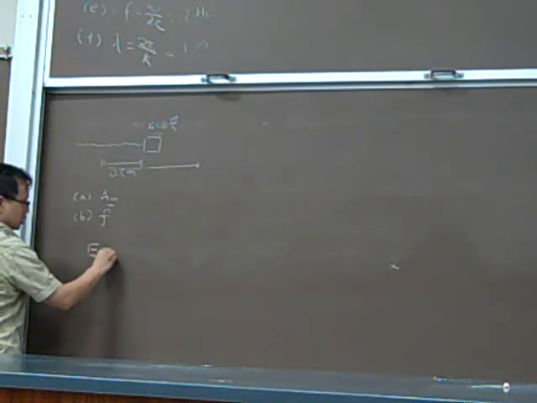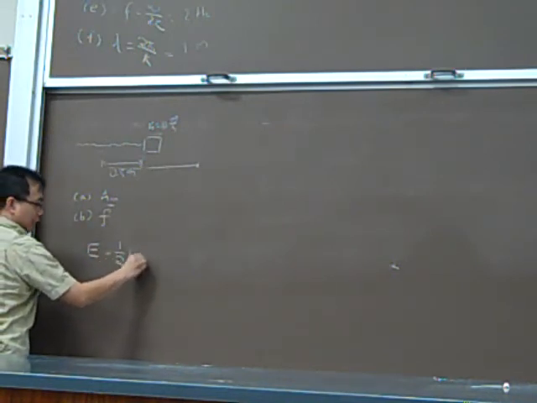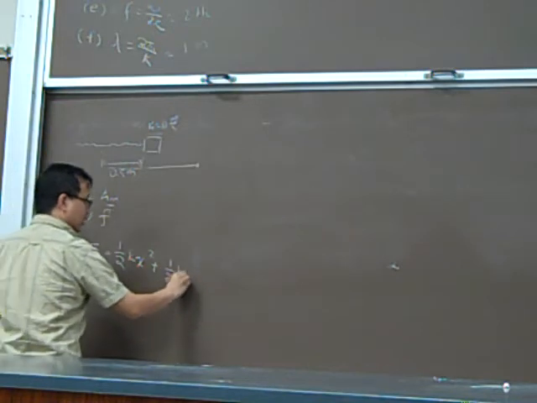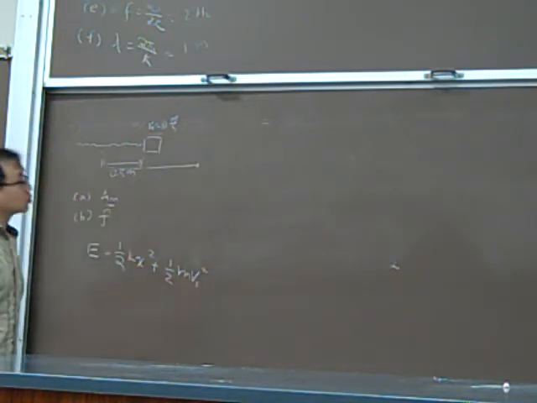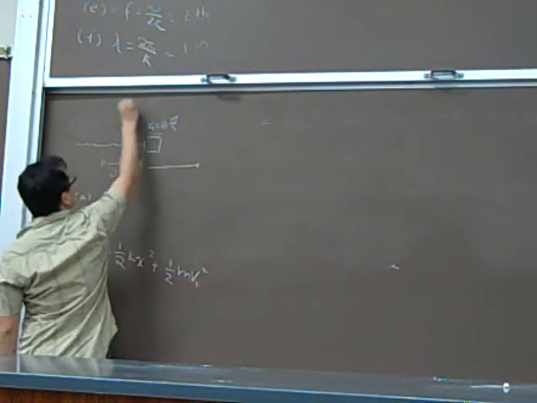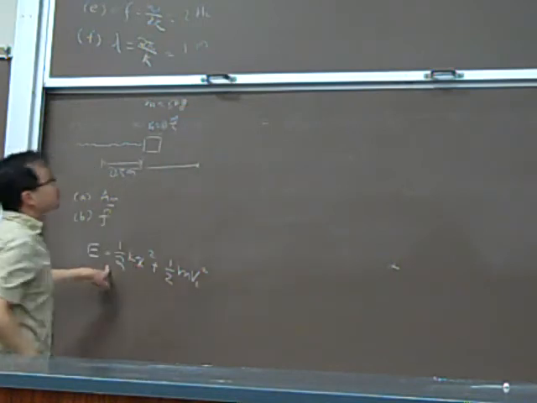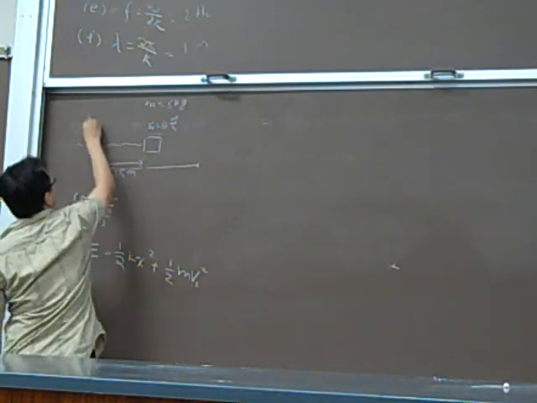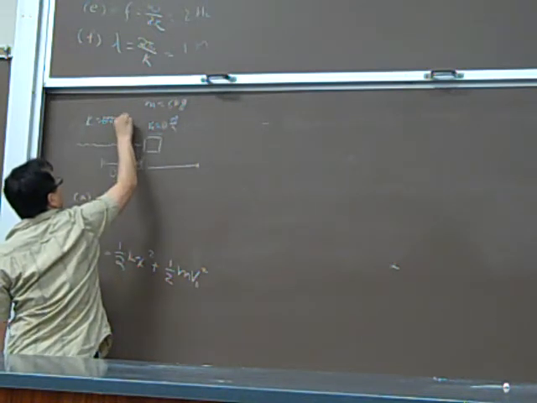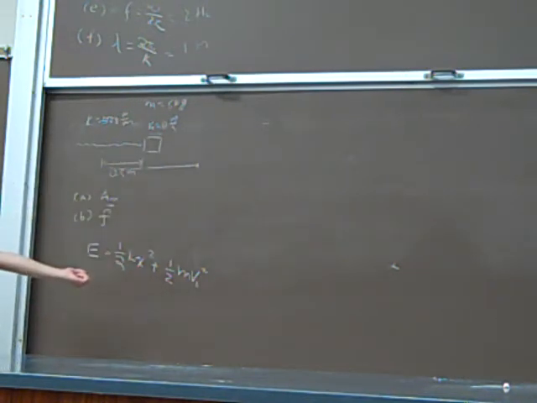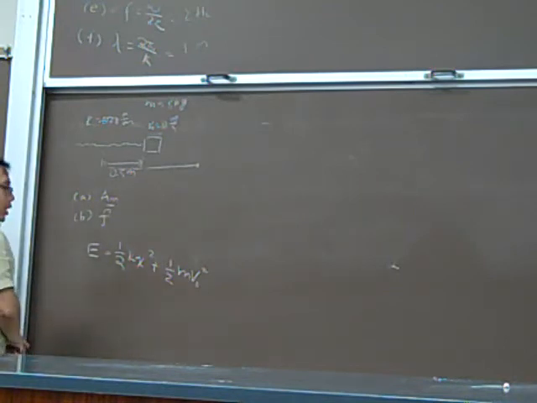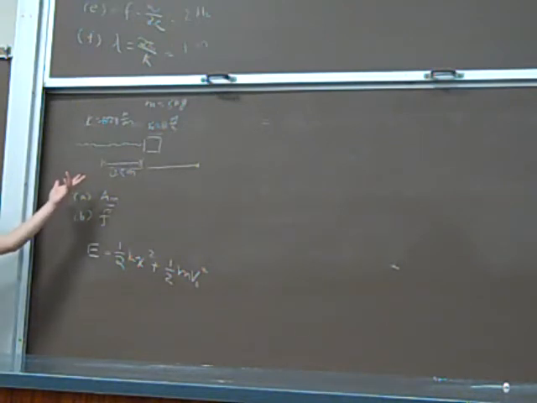You can calculate E equals 1/2 k x squared plus 1/2 m v naught squared. Do we know the mass? Yes, m equals 5 kilograms. And do we know the spring constant k? Yes, 1000. So we can calculate the mechanical energy. On the other hand, the amplitude is related to the mechanical energy. What's the relationship between the amplitude and the mechanical energy of the oscillation?